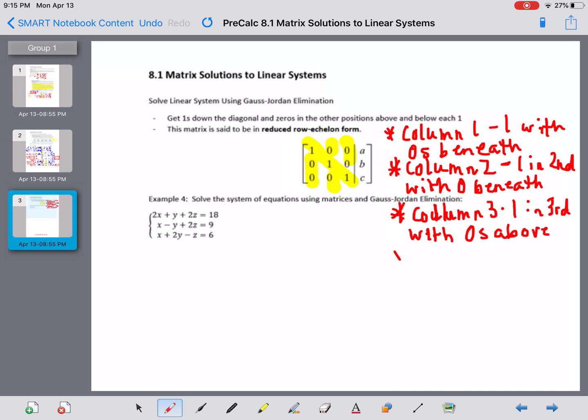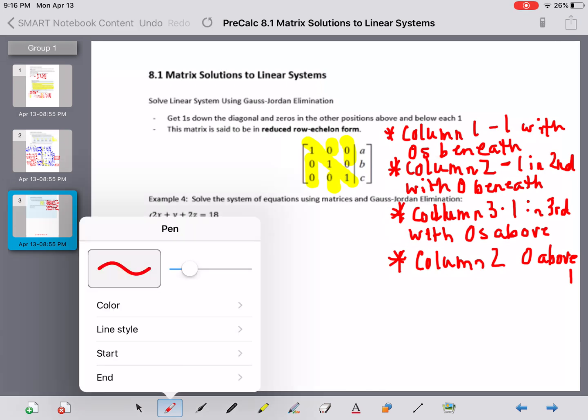And going to get second column, 0 above the 1. So that's kind of the order in what we're going to do this. So it's going to be similar to what we did on our last one, but we're going to work on zeros above as well.